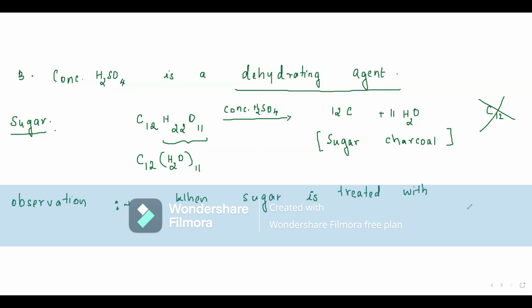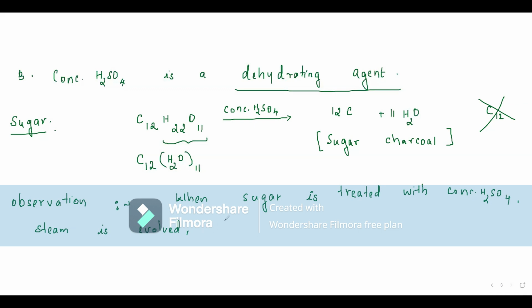When sugar is treated with concentrated sulfuric acid, steam is evolved. Actually, it's not a key point, you can skip writing that steam part.